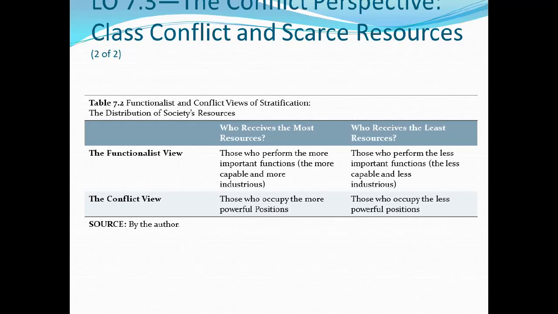The conflict theorist said no, those who have positions of power got the most resources. Functionalist view: those who receive the least resources perform less important functions, or are less capable, less industrious. Conflict view: those who occupy the less powerful positions receive fewer resources.